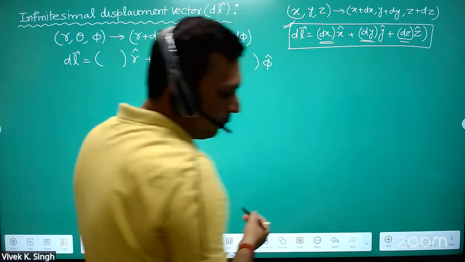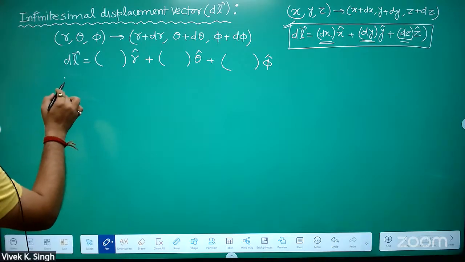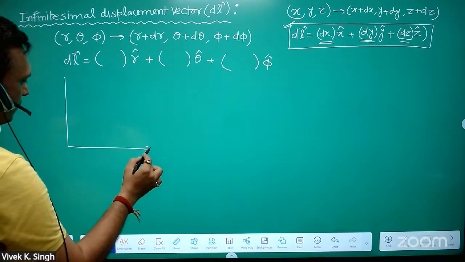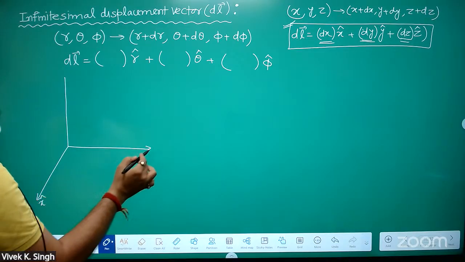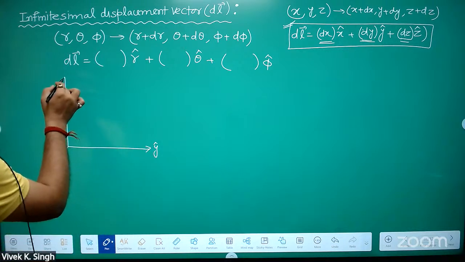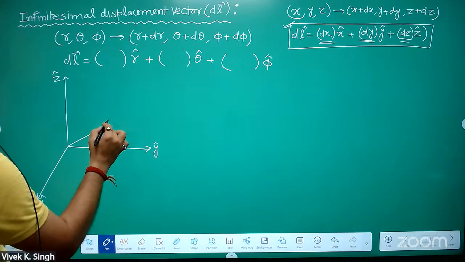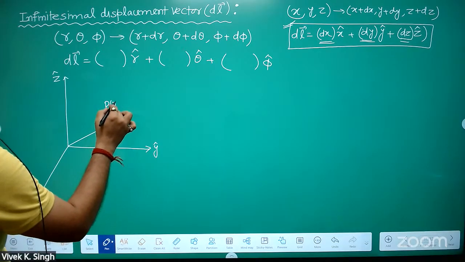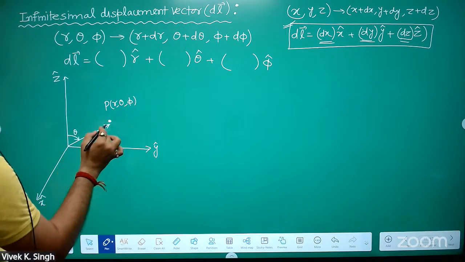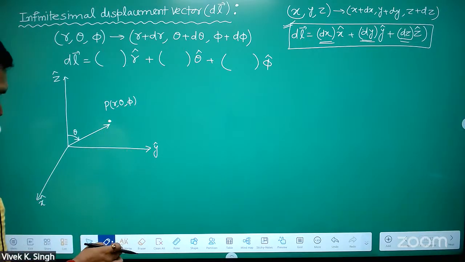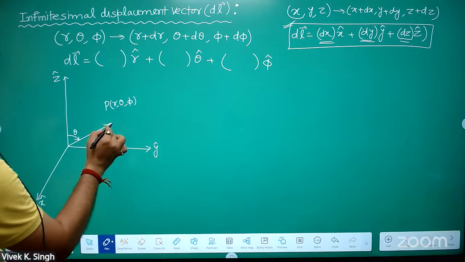In spherical polar coordinates also, we have to see this change. So let's see how we will see that change. X cap, y cap, z cap. This is point P, r theta phi. This angle is theta.